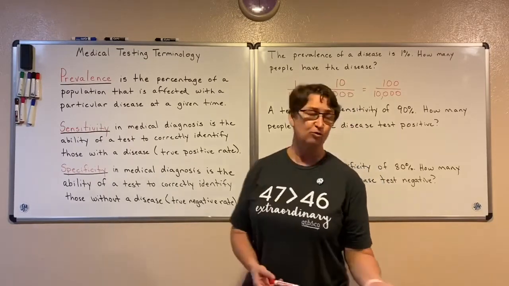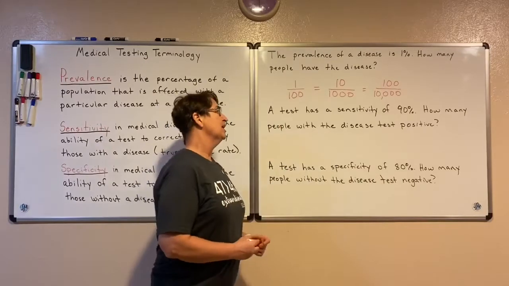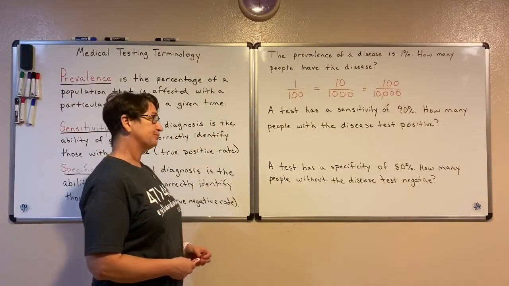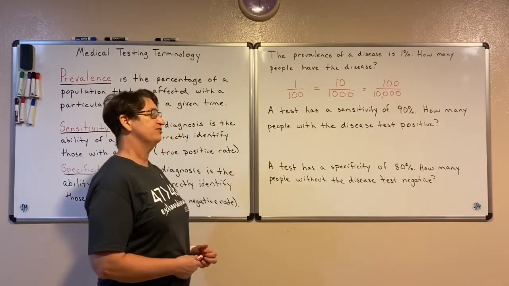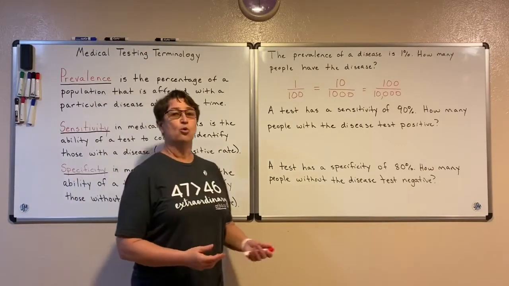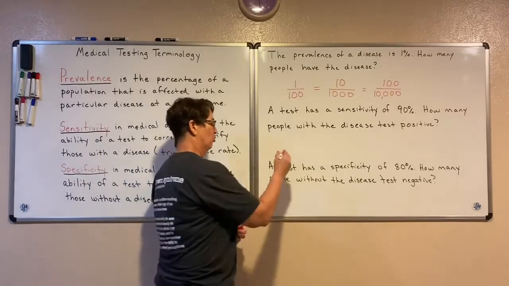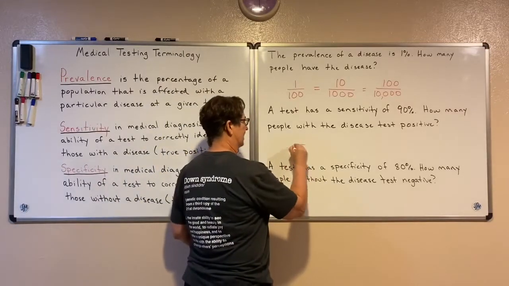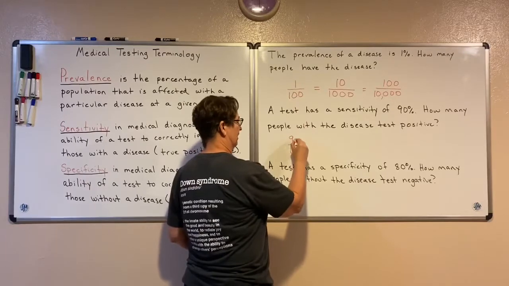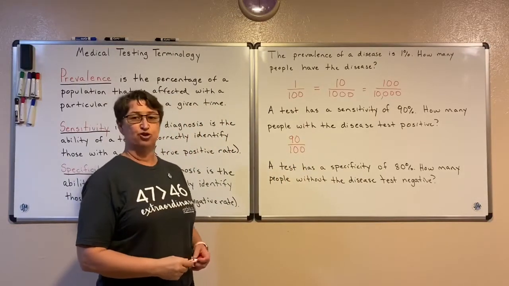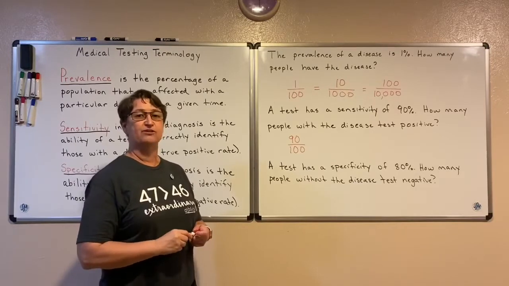So again, for instance, if we have a test that has a sensitivity of 90%, how many people with the disease test positive? Well, if 100 people come in with the disease, what that means is that 90% of the time, the test is going to show that they have the disease. They're going to walk out with a positive test.